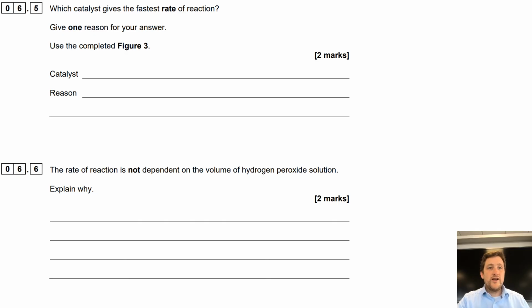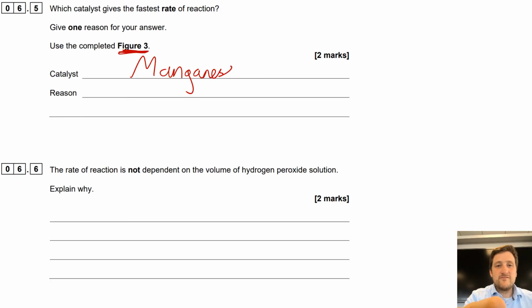Okay, which catalyst gives the fastest rate of reaction? Okay, so we have this wonderful catalyst. How are we going to know which gives? It says use the completed figure 3, okay? So if we go back, we can have a look that there are 3 different graphs, and we can see the manganese, spell it, the manganese, always gets confused with magnesium sometimes.